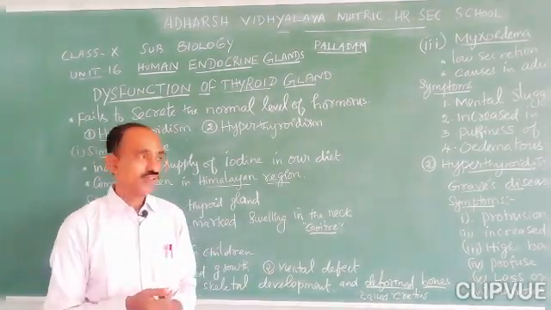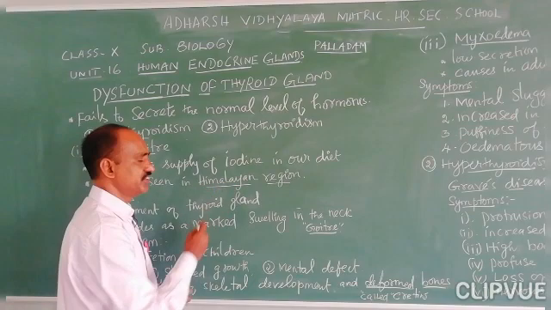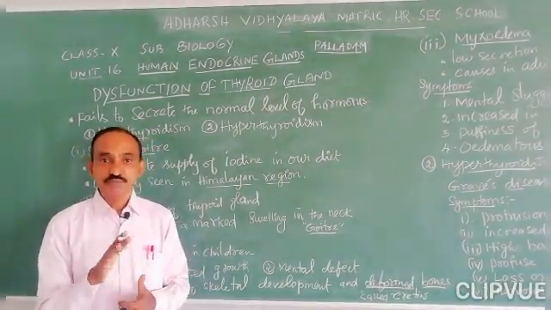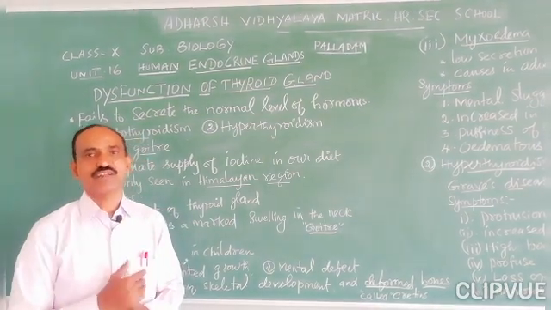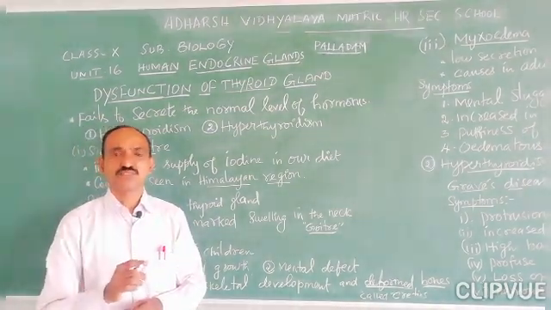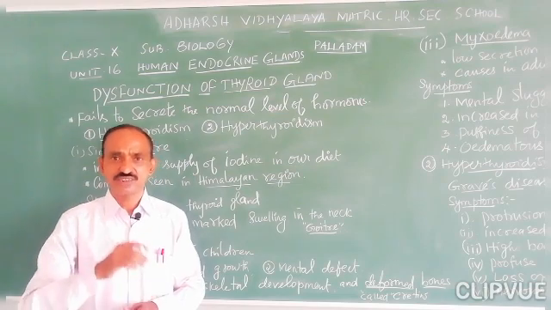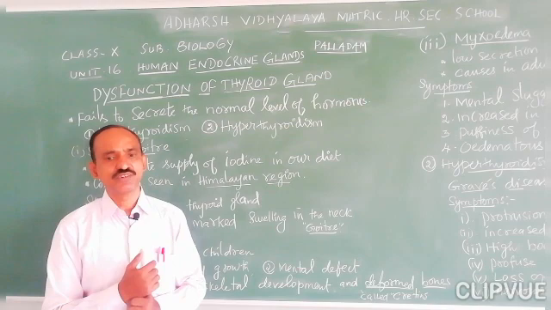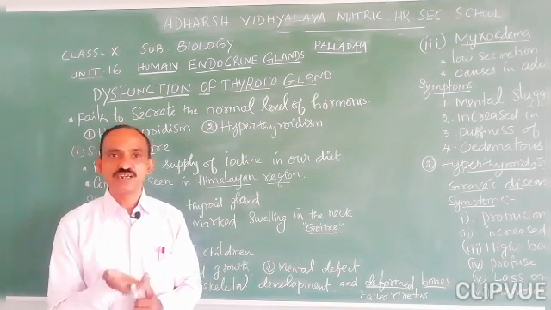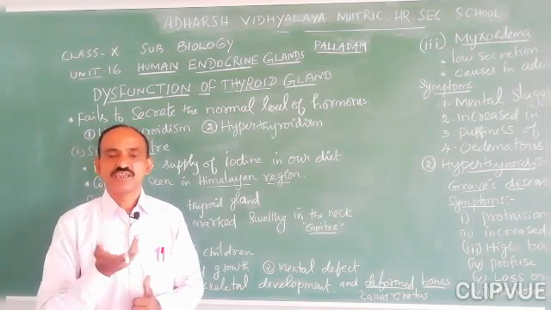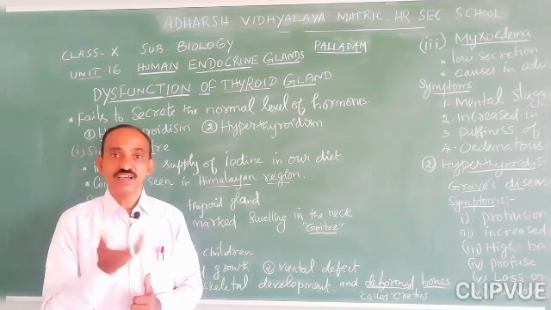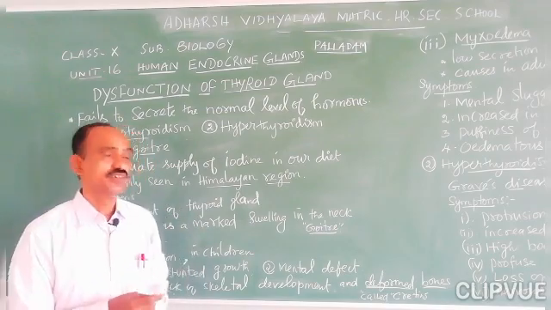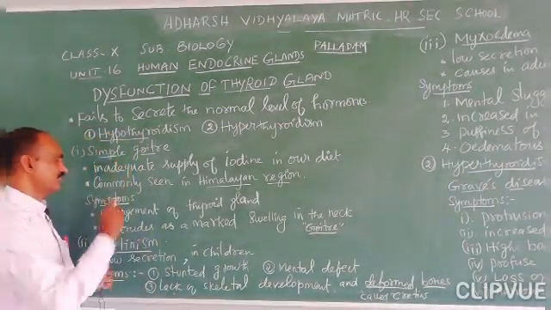When the soil does not contain sufficient iodine, the plants that grow there do not contain iodine, and humans who consume those food materials have a diet without iodine, and only those people get simple goiter.